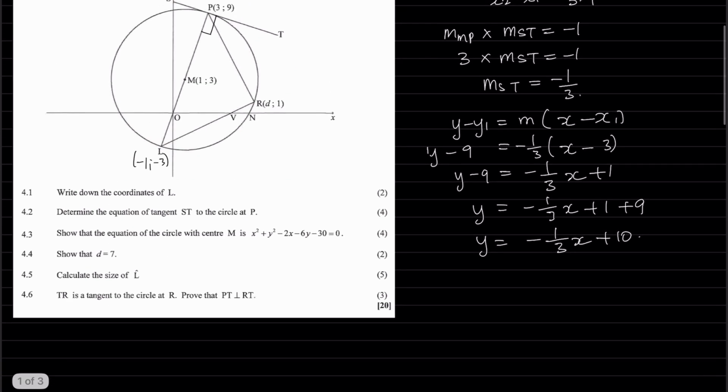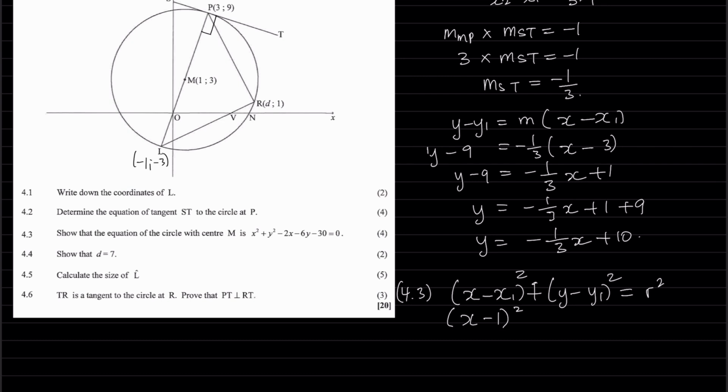Okay, now the equation of a circle, when the center is not the origin, is going to be written in this form: (x minus x1) squared plus (y minus y1) squared is equal to r squared. x1 and y1 are the coordinates of our center. So let's substitute that in. (x minus 1) squared plus (y minus 3) squared is equal to r squared.